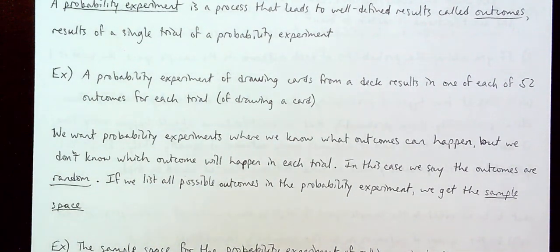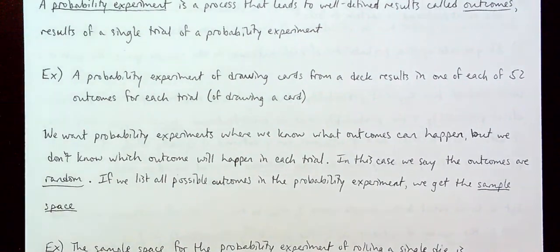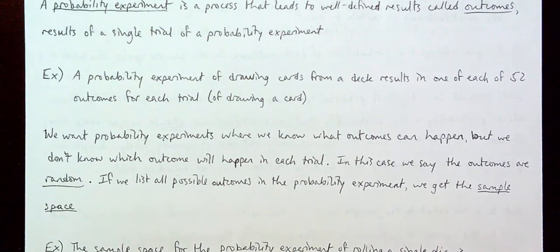We can't see into the future, but if there was ever a case where we would know for every single trial what is going to happen, then that's not really testing or computing anything with probability. When we know what possible outcomes there can be, but we don't know what outcome is going to happen in each trial, then we say that the outcomes are random. So we want a random probability experiment here.